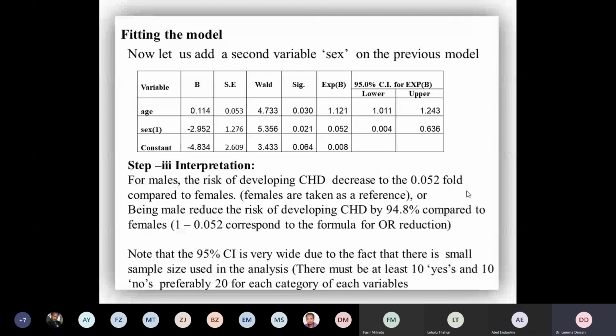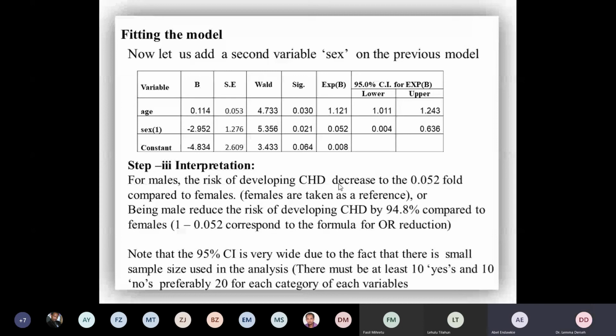So who are we talking about? We are talking about males. If we talk about males, the risk decreases by 0.05 fold compared to females. For males, the risk of developing CHD is 0.05 times as compared to females.